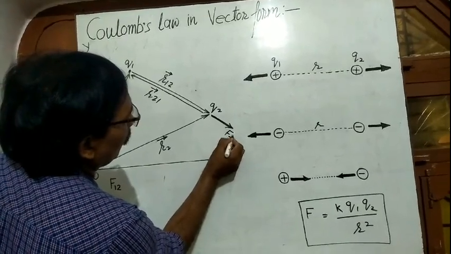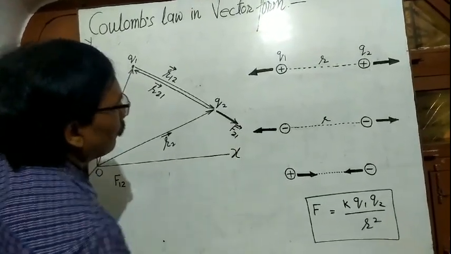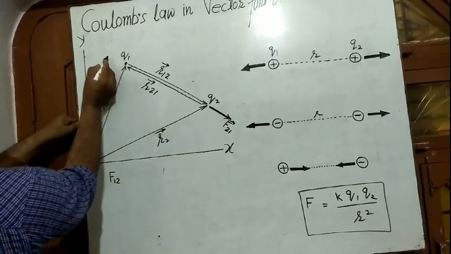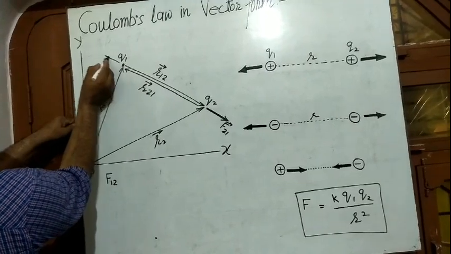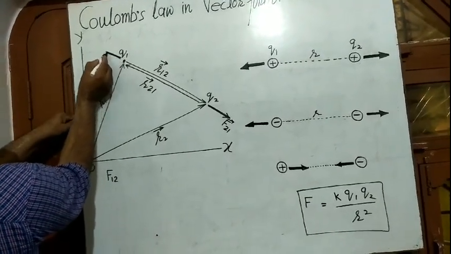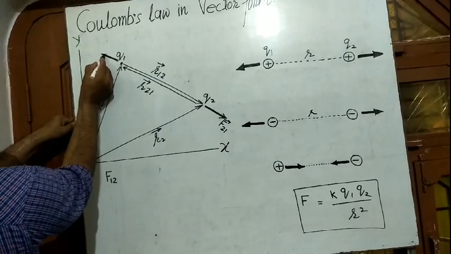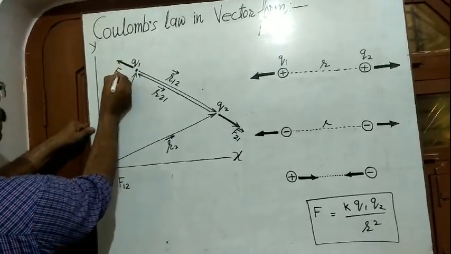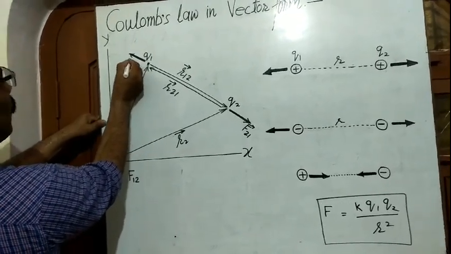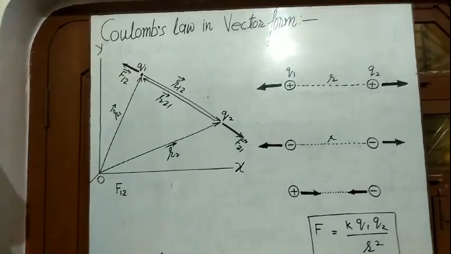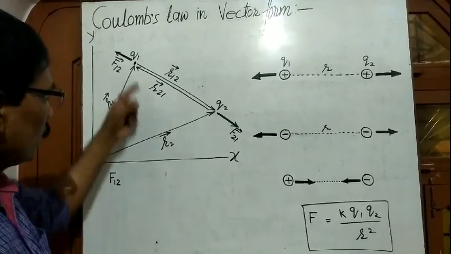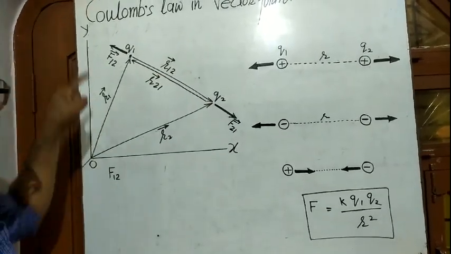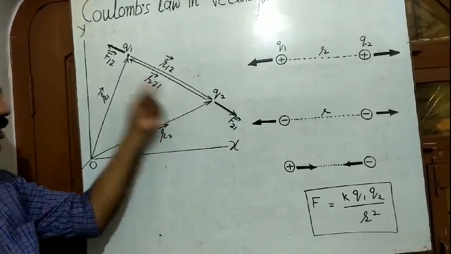And the force acting on charge q1 is in the opposite direction, it will repel and move away. It is written F12, the force acting on charge q1. So the displacement vector of charge q2 from q1 is r12, and the displacement vector of q1 from q2 is r21.